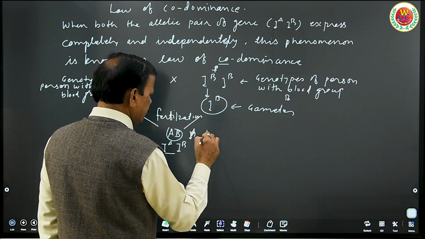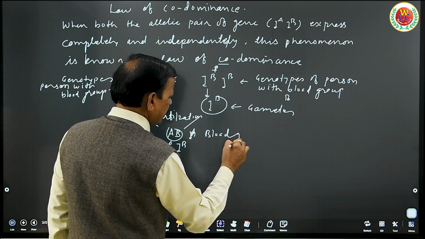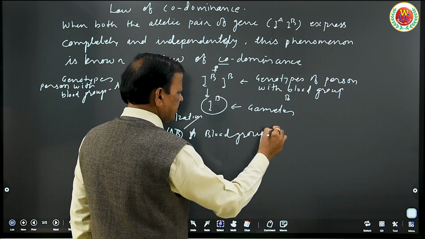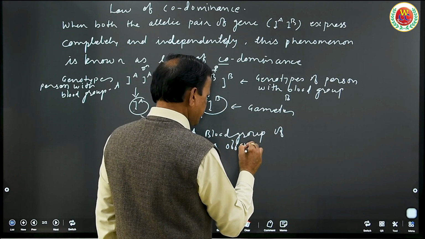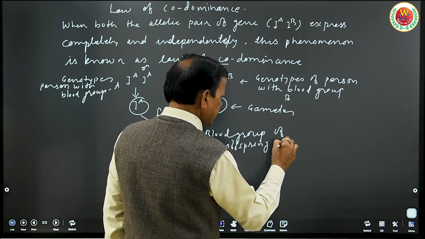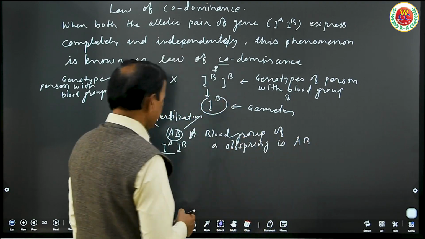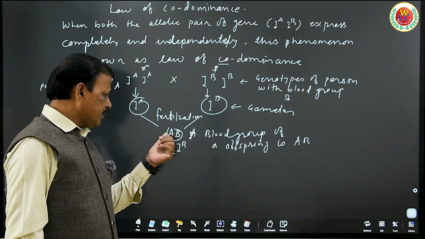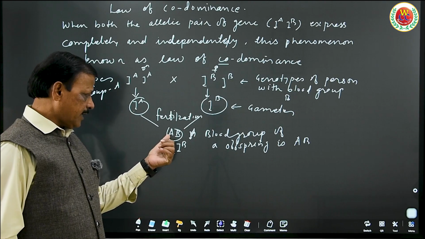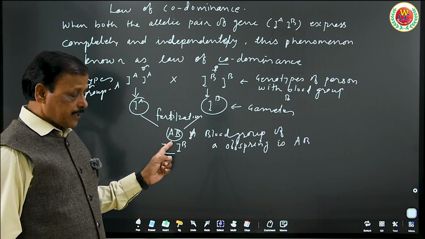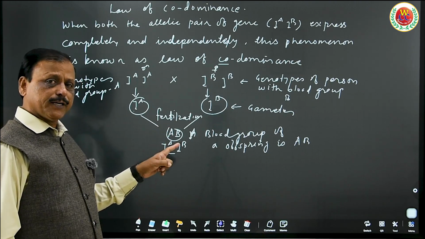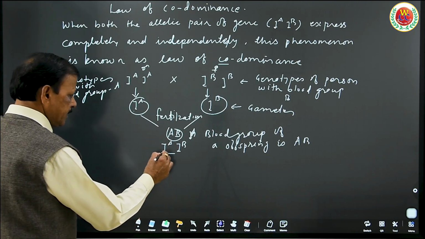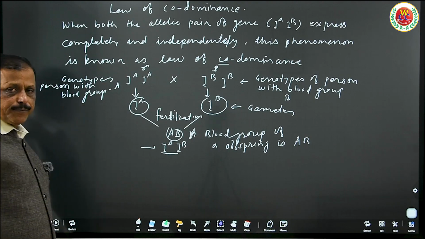So the blood group of the offspring is AB. Why? Because both the allelic pair of genes, IA and IB, contribute equally. They express completely and independently, and therefore blood group AB appears.